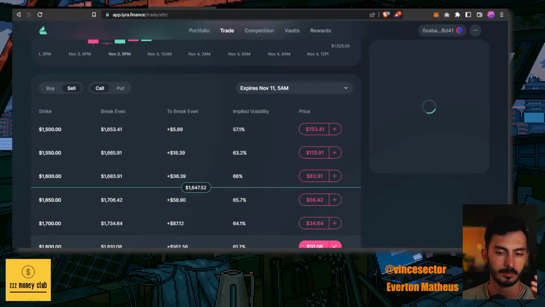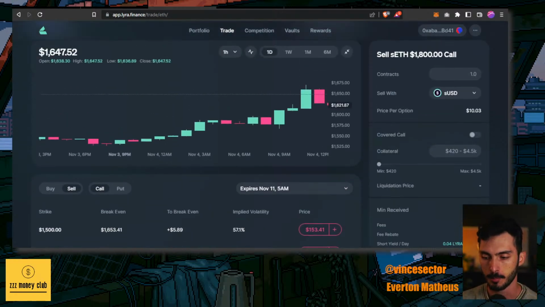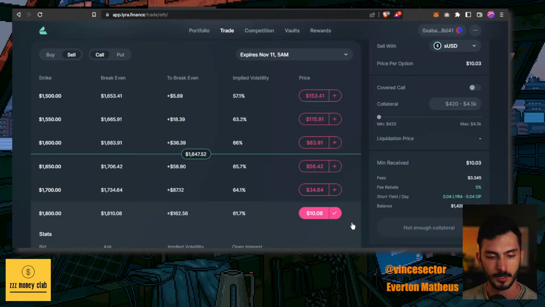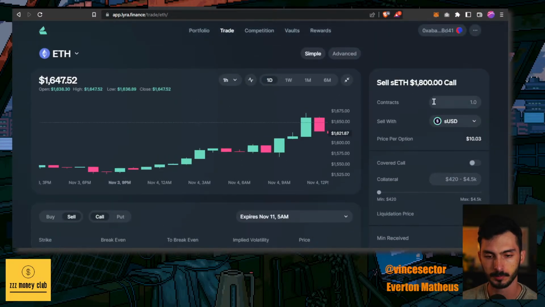So if you're just going to sell the option right now, it's very simple. If you want to sell one contract and be one-to-one collateralized, you need to have that 1800 in collateral. Now is where you could either boost or leverage, however you want to call it, your yield.